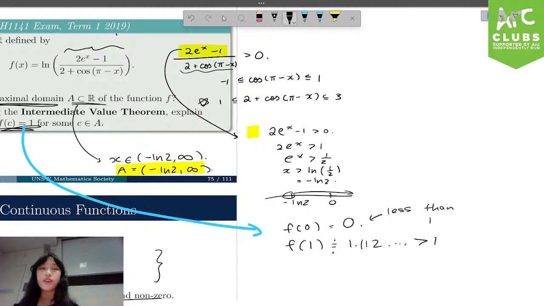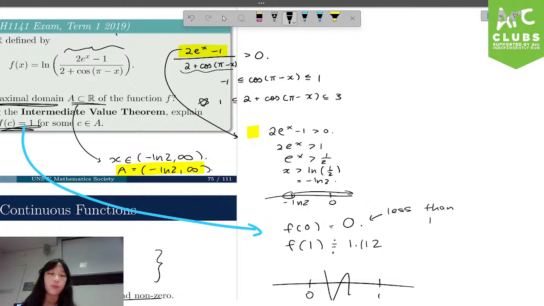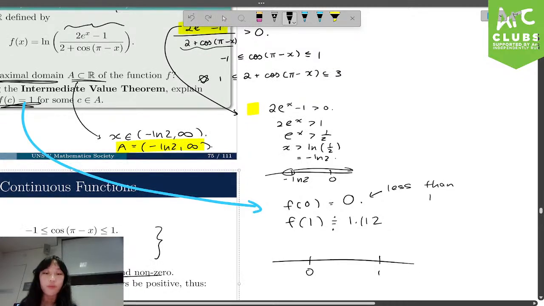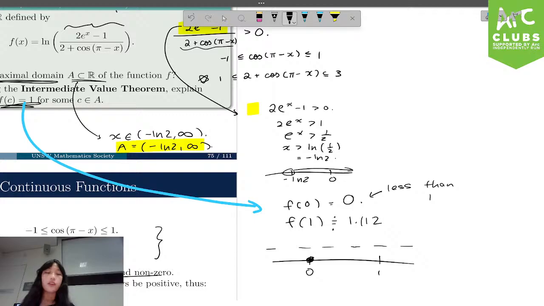So essentially what we've done here is, we don't really know how the curve behaves between 0 and 1 as x values. If we have 0 here and 1 here, it could be doing this or whatever. But what we do know is that it will cross over y equals 1 at least once.